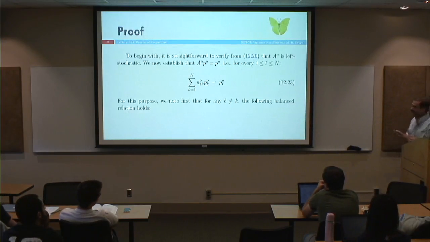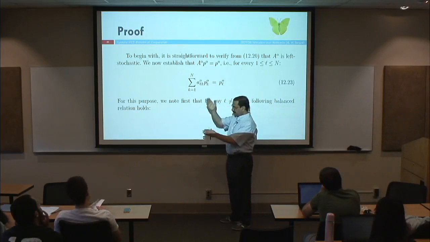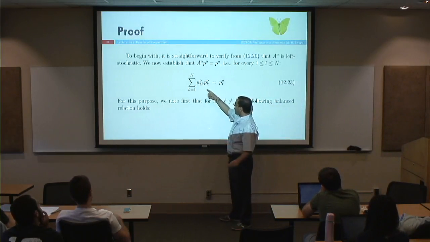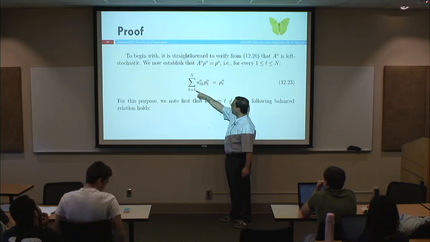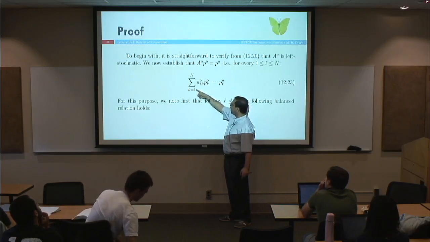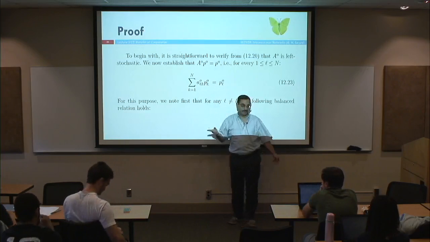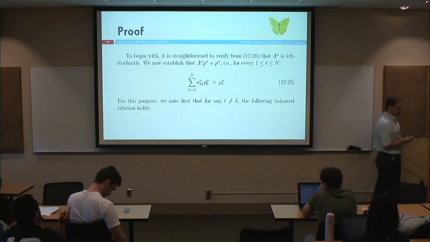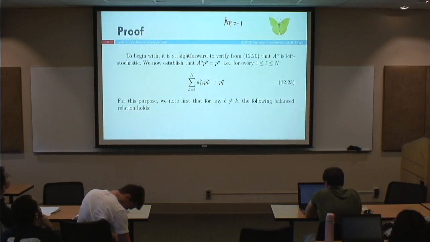To show it to you quickly, this is what I need to show: each column times the corresponding p's. So here it is, you see. I'm making k go from 1 to n. So I want to show that this linear combination is p, that A p is p, correct?